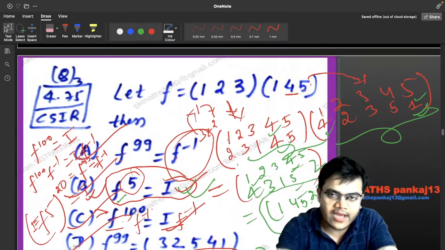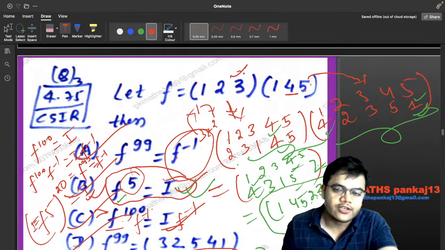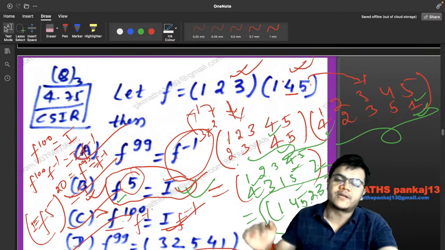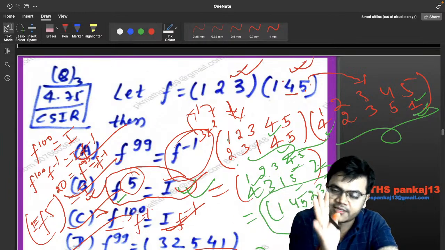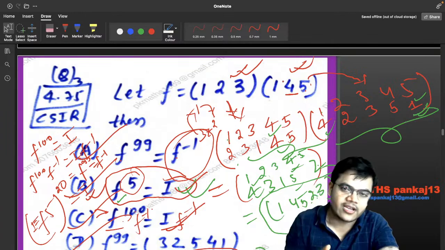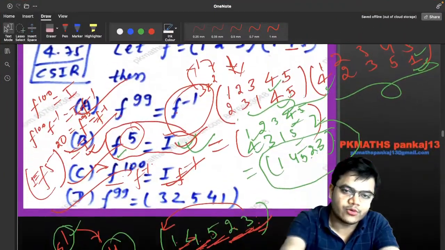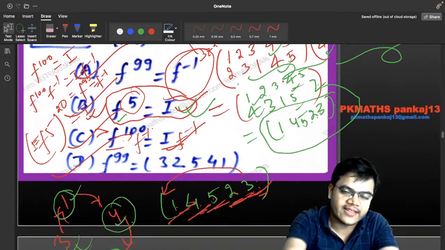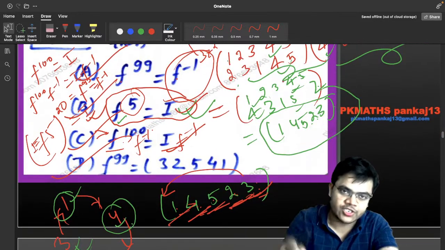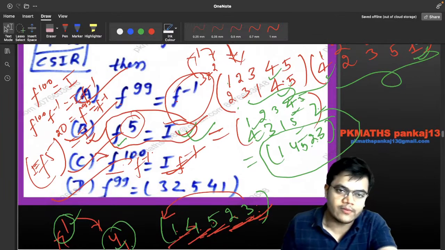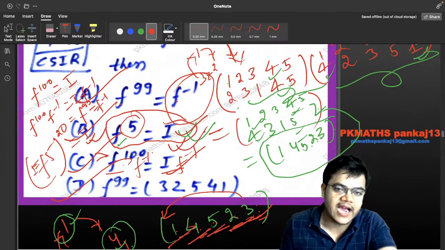So what are the things I would like to say? Just check the product. You should write this 2-row representation in terms of matrix representation. You should check the calculation, but the concept is very clear that if you are going to skip 4 elements and then you are going to get the repetition, then certainly the order will be 5. So F5 will be identity.